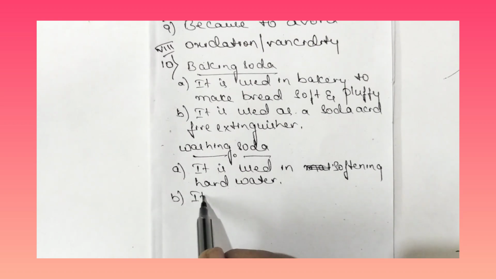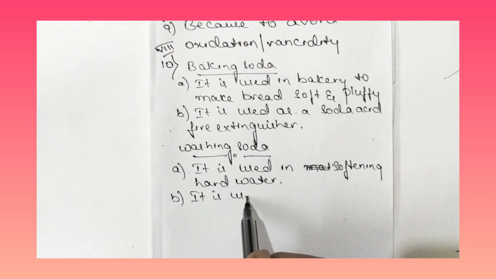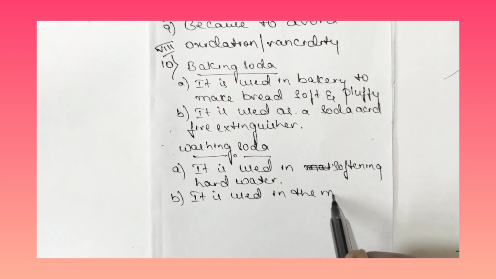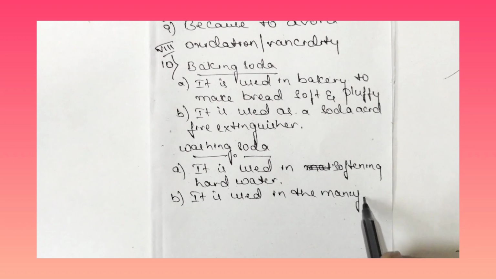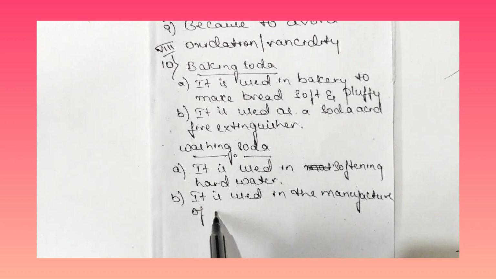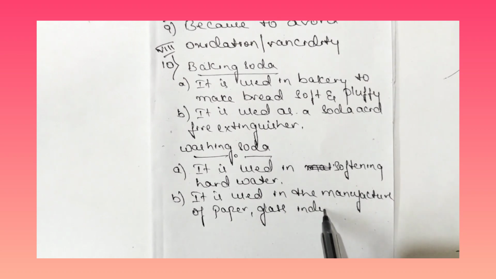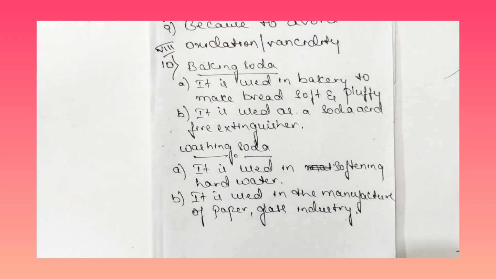The second one, it is used in the manufacture of paper and glass industry. These are the two uses of washing soda.